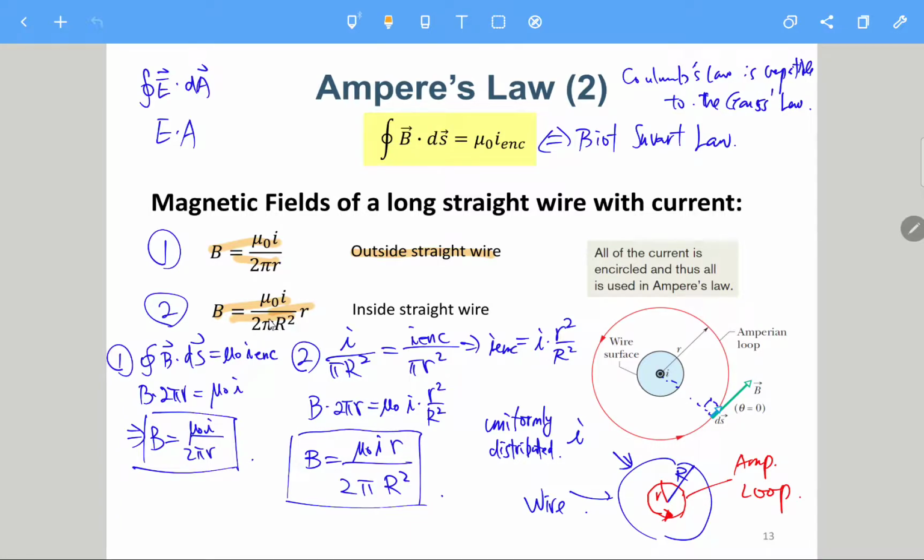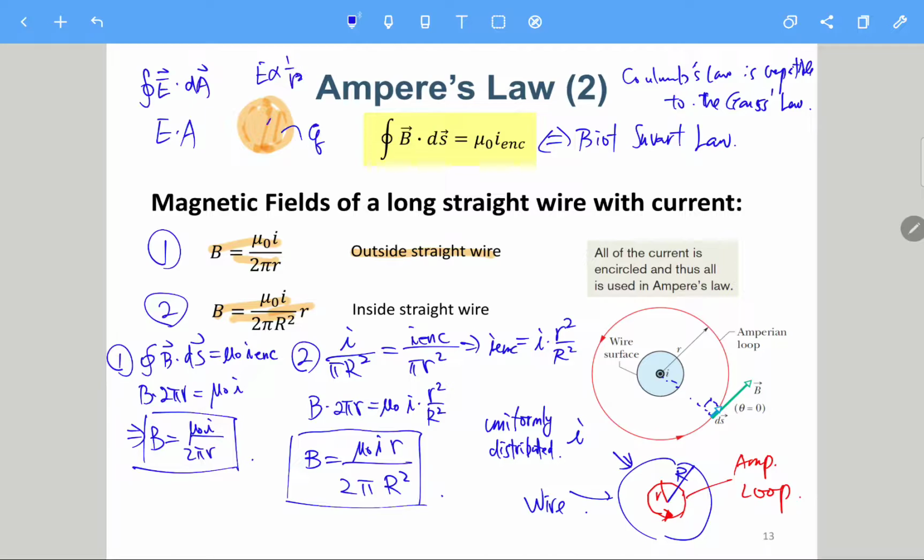Similar to when we consider a sphere. If we have a sphere with some charge that distributes uniformly, and you consider the E field outside the sphere and the E field inside the sphere, then outside the sphere it will be proportional to 1/r squared.